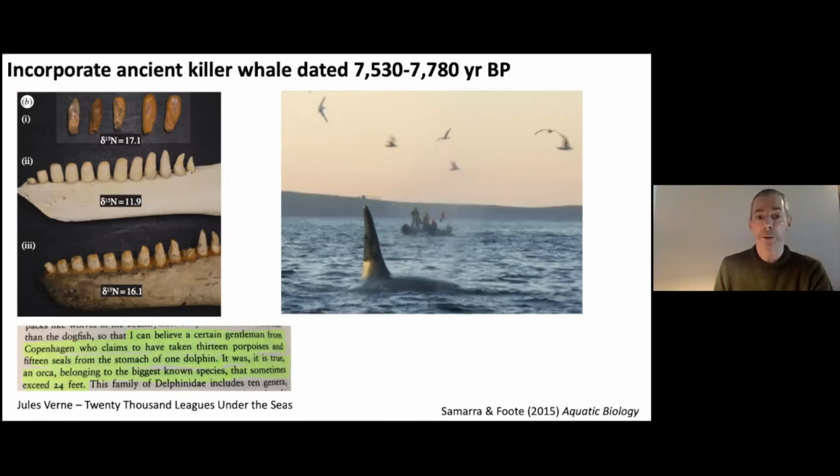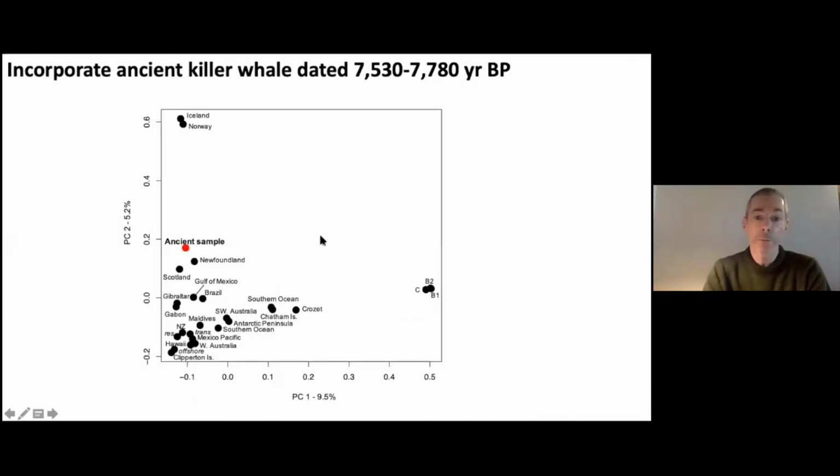So you get this idea of how the stable isotopes can tell you one thing, and the tooth wear tells you another thing. Now, that was just to give you a bit of background that the ancient sample seems to have been ecologically quite similar to the Iceland and Norway sample.